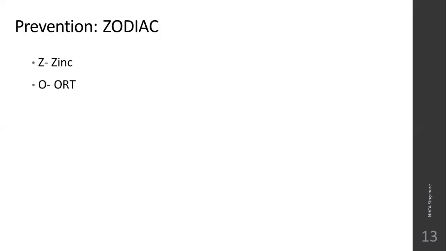Different forms of oral rehydration therapy based on the child's requirement are given. Dietary management is also done, based on diet A, diet B, diet C. It depends upon the physician what diet they want to start with. Is it diet A, diet B, or diet C?